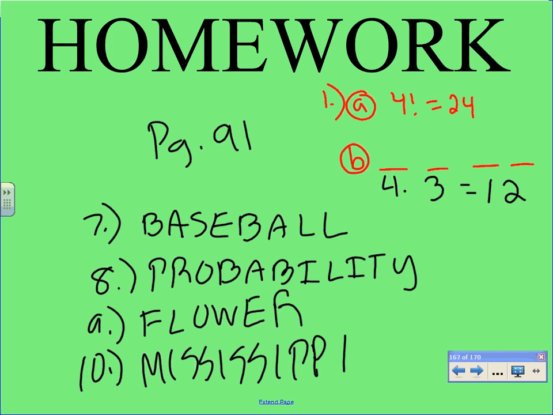2 and 3 are the same process, okay? 7 through 12, you probably need to borrow my calculator. If you borrow mine, please make sure you have your number and you're not losing it, okay? 13 through 15 are just word problems using factorial. And then flip over to the back real quick. Numbers 2 through 6 are using the multiplication counting principle.